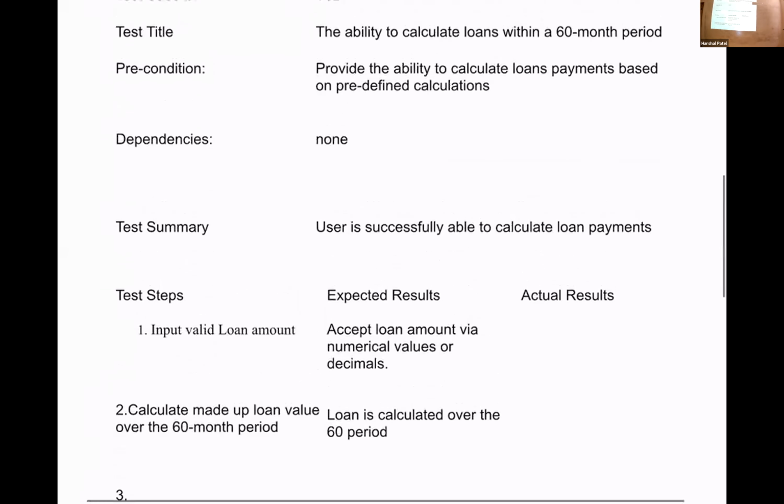So I see at your steps there are a few missing pieces. I think you got only the logical aspect. One is your precondition doesn't make sense, because a precondition is not the requirement that you're going to get the predefined calculations. It doesn't tell me who I'm logging in as, what user ID and password I'm supposed to use to log in to calculate the loan amount.